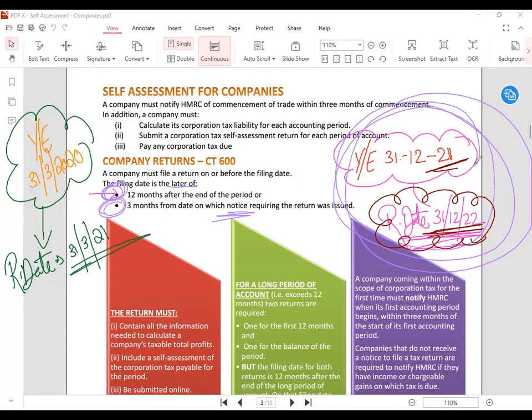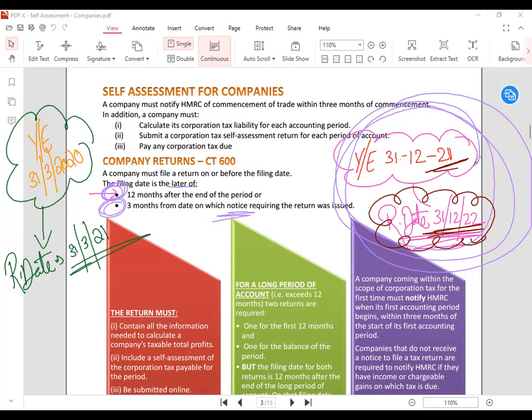you cannot tell them, excuse me, I have one year, I am not submitting. No, you will not say this. The second point is, if the government asks you to submit your return, you have only 3 months. The 12 months provision is wiped out, and you only have 3 months to submit the return.